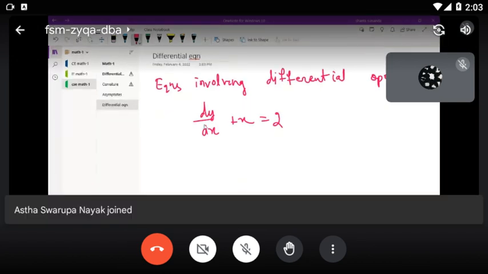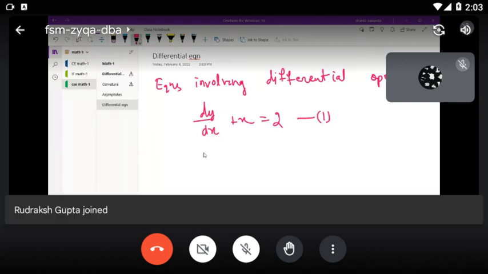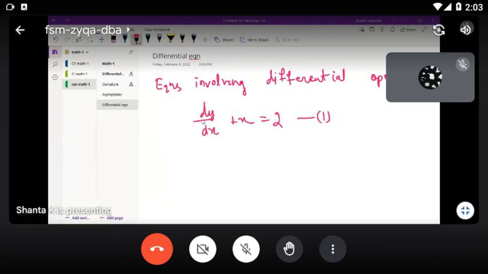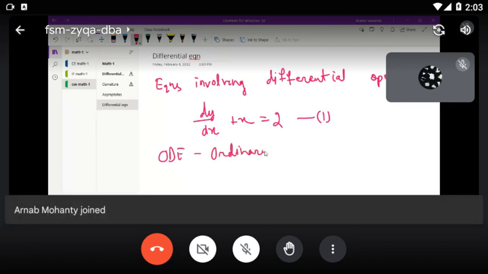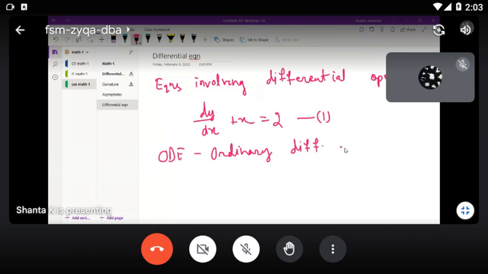You know about the order of the equation? What can you say about the order of this equation? One. First order. The order is the highest order derivative present in the equation. I'm talking only about ordinary differential equations, ODE. It's an ordinary differential equation when the differential equation involves only one independent variable.